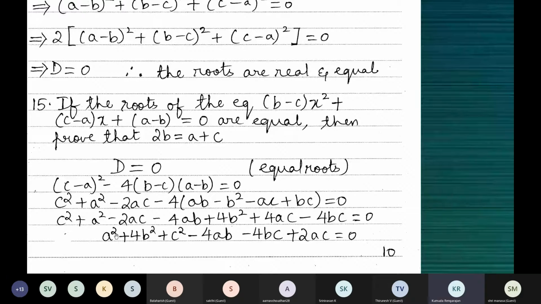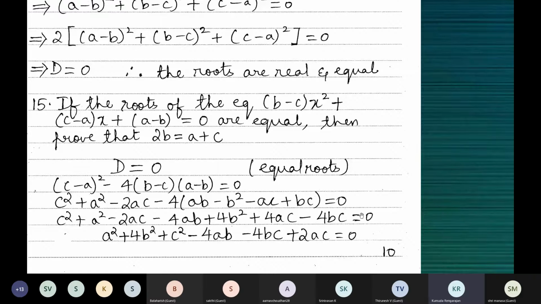Expand c minus a the whole square, we get 3 terms. Upon multiplying b minus c and a minus b, you will get 2 into 2, 4 terms. So 4 plus 3, 7 terms we have here.